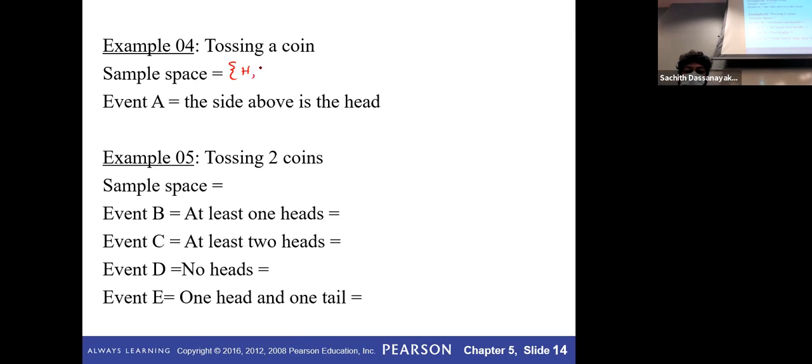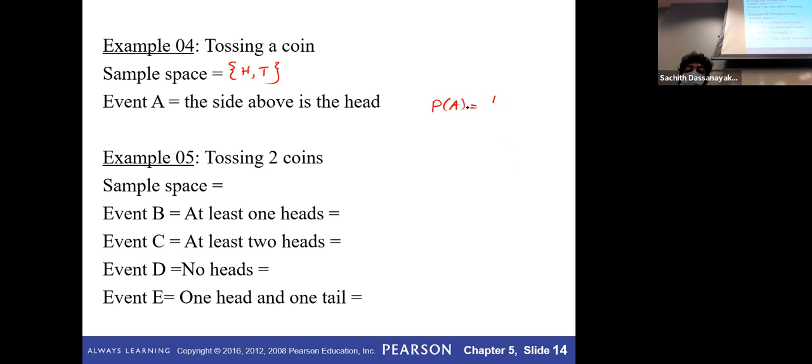Head and tail, right? Event A, you don't need to write "event A", just write A equals, side above is the head, which means having a head. This is your event. Once you need to find its probability, you can simply write probability of A equals something.